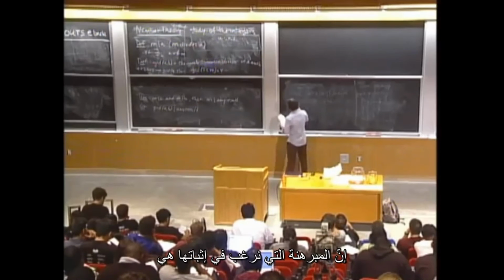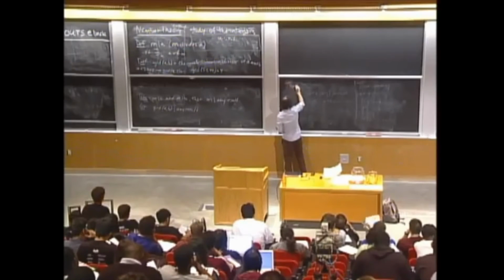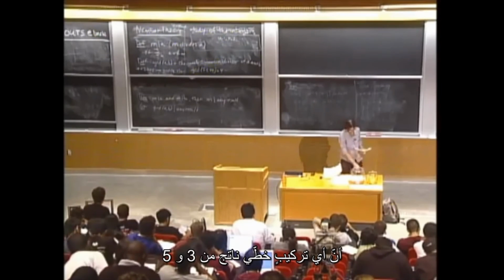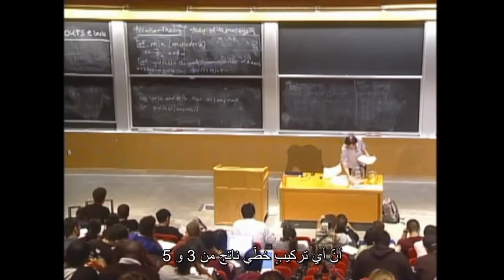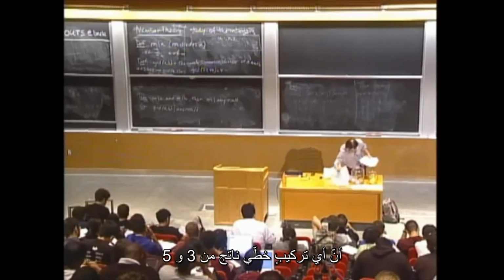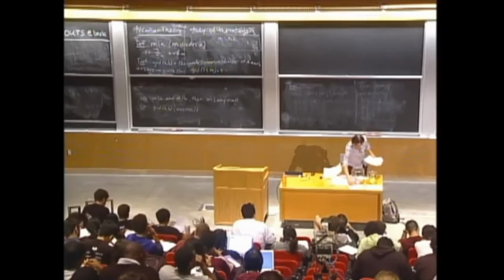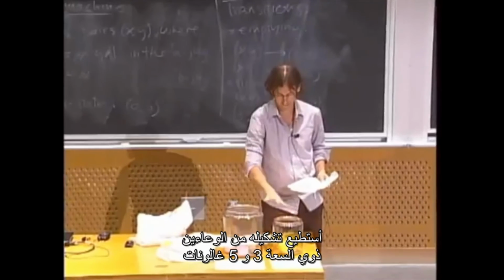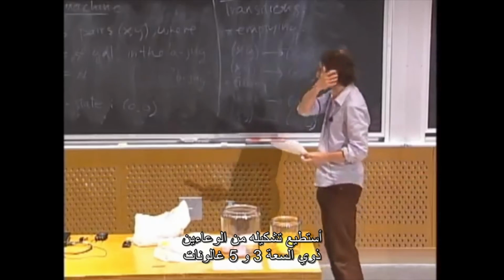The theorem that we would like to prove is that any linear combination of, let's change this into the 3 and 5 again, any linear combination of 3 and 5 I can make with a 3 and a 5 gallon jug.